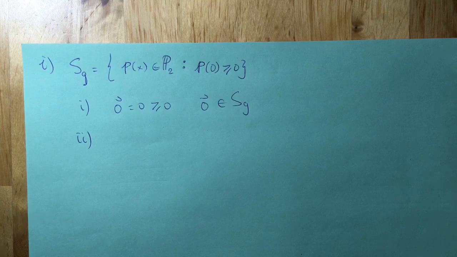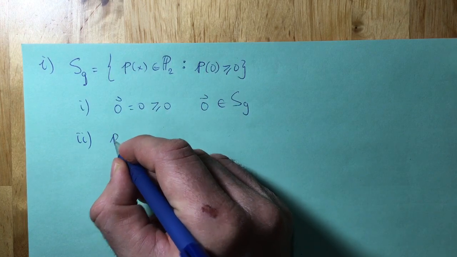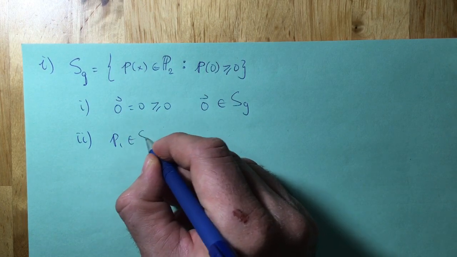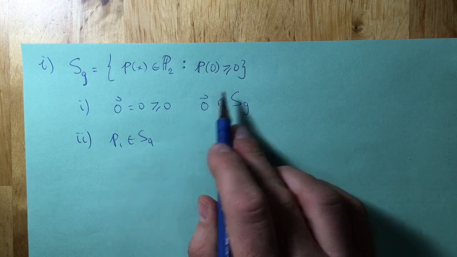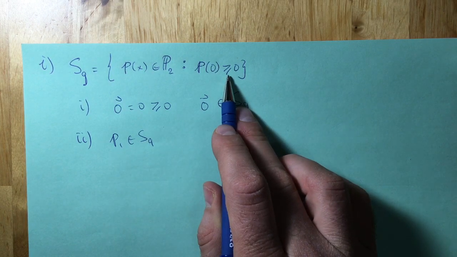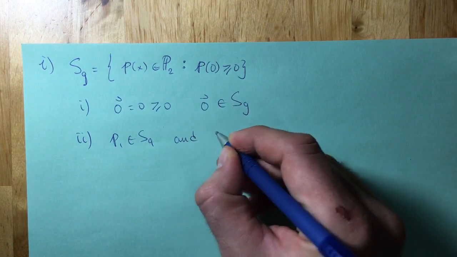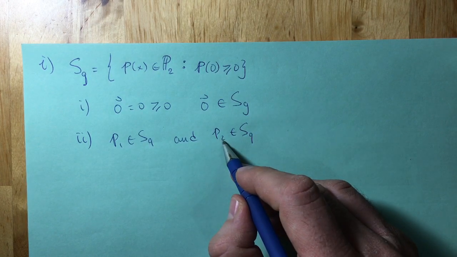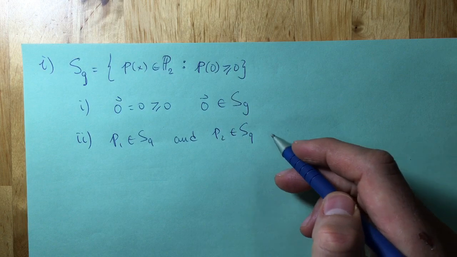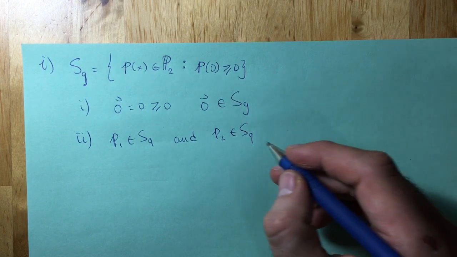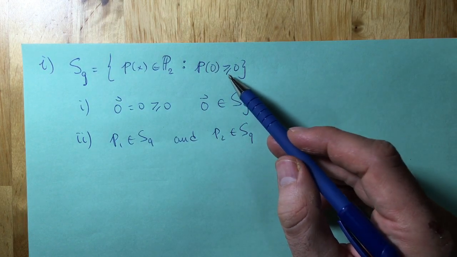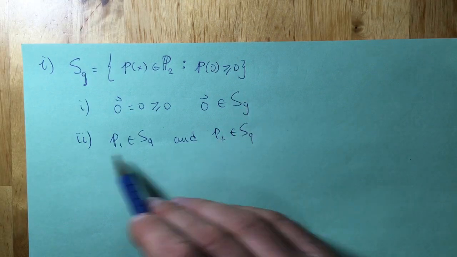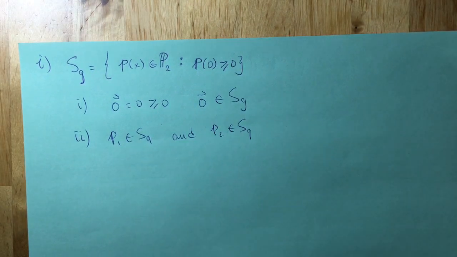vector addition? Yes, it is, because if you take two vectors, p1 in S9, which means that the constant term is greater or equal to 0, and p2 in S9, so another quadratic polynomial whose constant term is greater or equal to 0, the constant term of the sum of these two polynomials is also going to be greater or equal to 0, right?